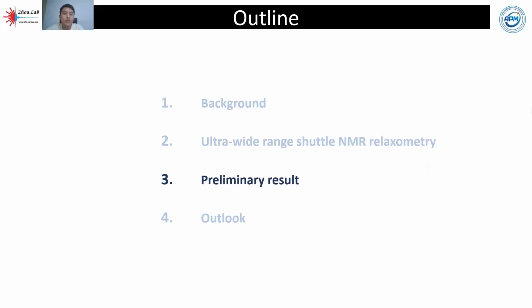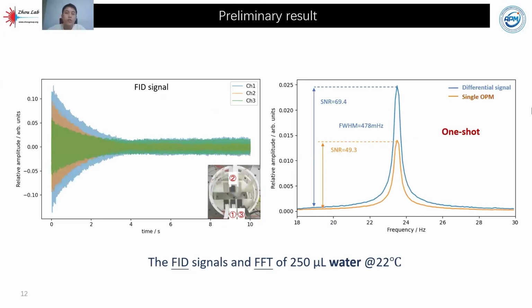And next, I will show a preliminary result of the experiment. First, we evaluate the device using water as a representative sample. On the left, these are one-shot FID signals from 3 channels of the OPM array, and on the right is the spectrum of the FIDs.